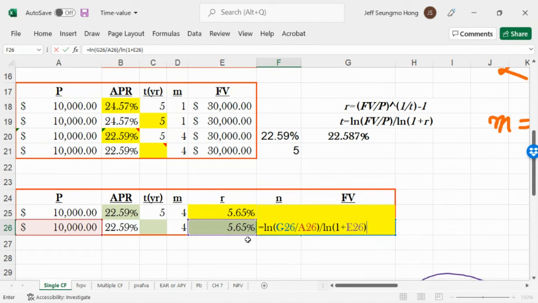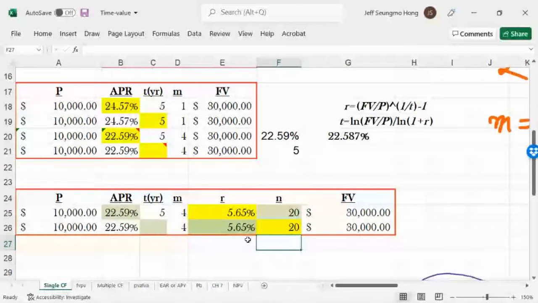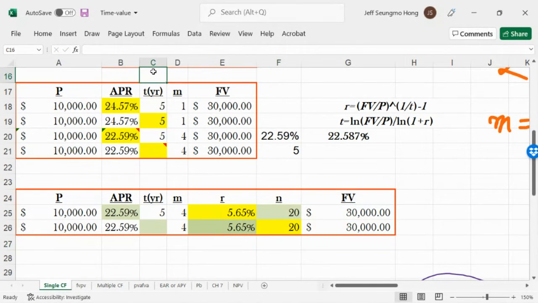Now think about it, that R is the quarterly rate, and if we work with the quarterly rate, we'll get quarters. It's only natural. So you'll get 20 quarters. But the question was asking for time in years. Then what should you do?